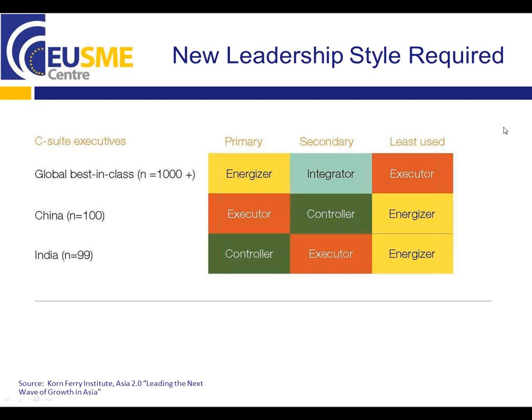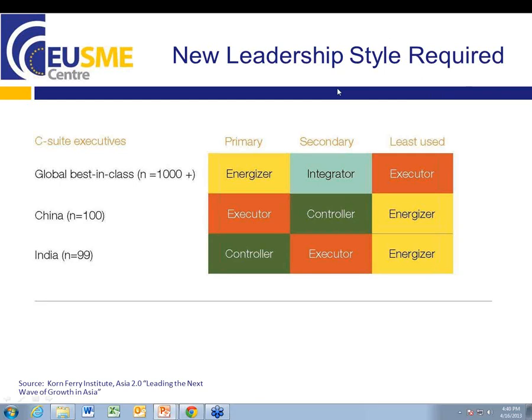It may take a period of adjustment for people who are used to an executor and controller style. However, the evidence now is just so clear that this is what's going to work. These are the businesses in China that will be able to continue growth and will be the most successful, that have this kind of leadership style. So I think that's something that really needs to be considered carefully.